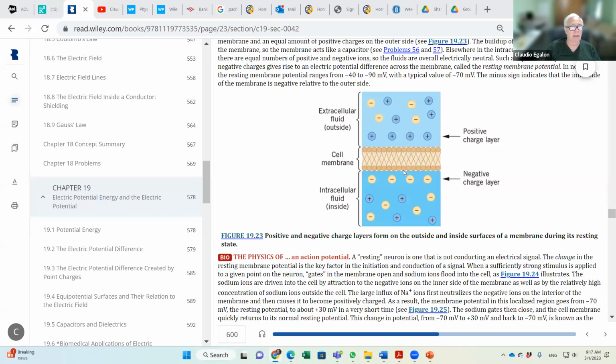A cell membrane, for instance, behaves like a dielectric device that separates the positive ions from negative ions. Here's extracellular fluid outside the cell, intracellular fluid inside. The cell is a three-dimensional organism, and it does behave like a capacitor.